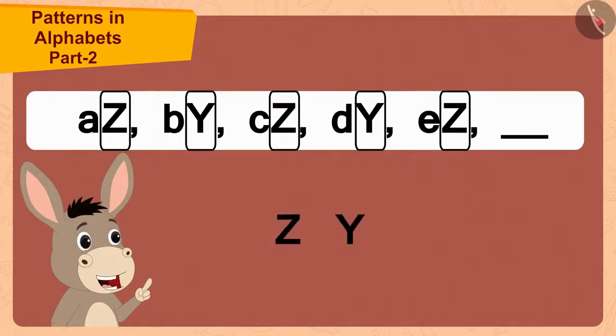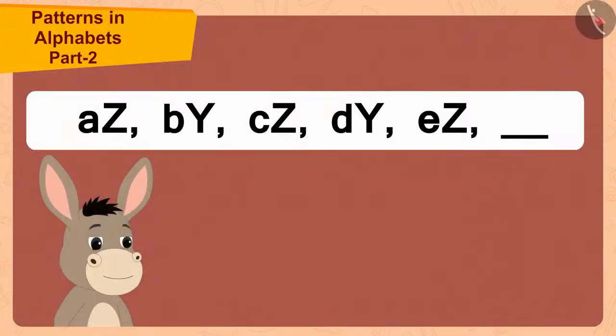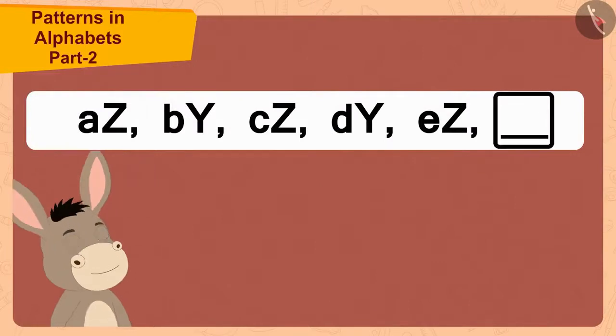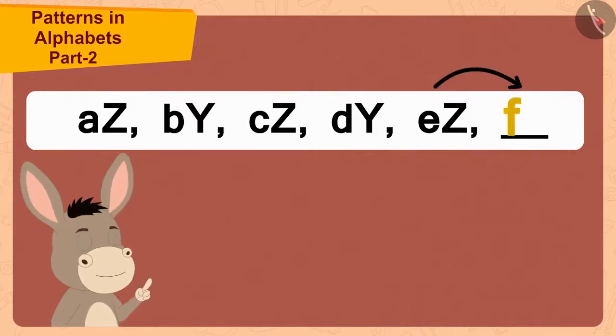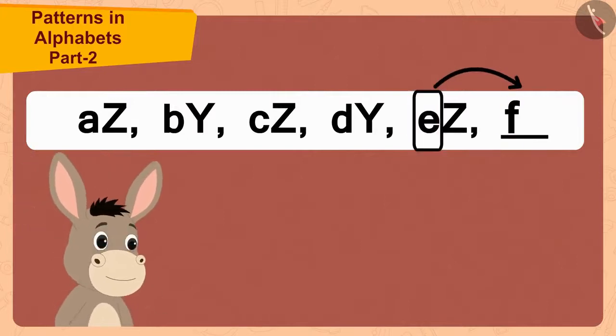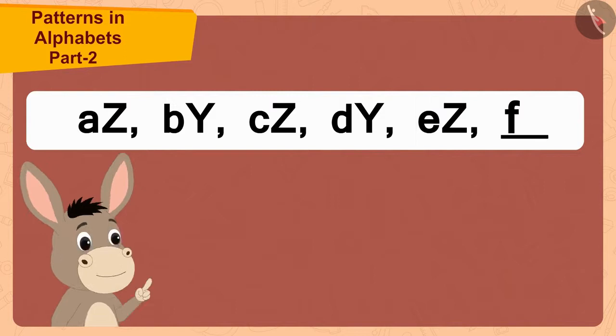ZY repeatedly in capital letters are visible. So, the next two letters in this pattern will have the smaller letter F next to E, and the capital letter will be Z followed by Y.